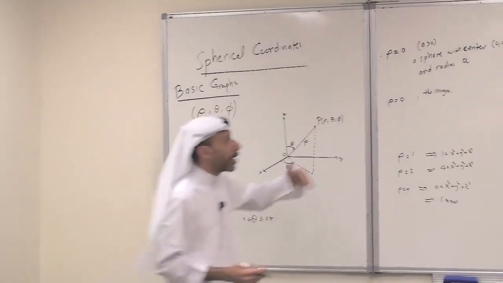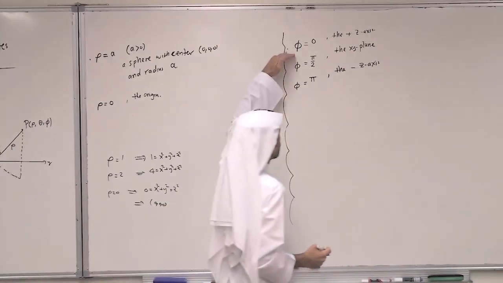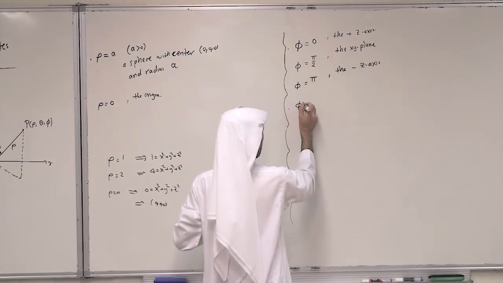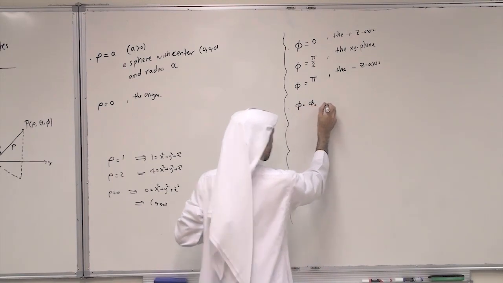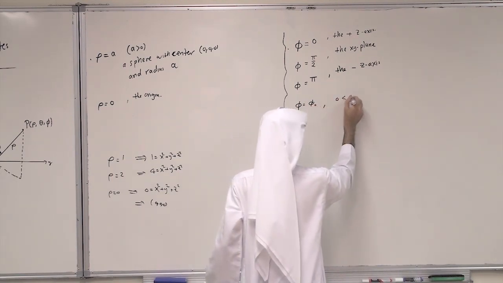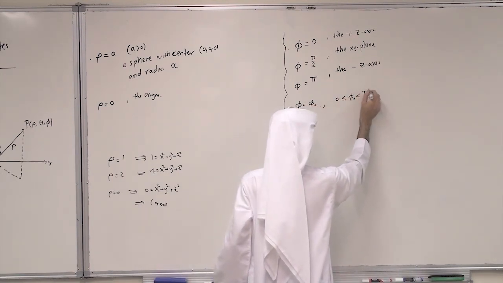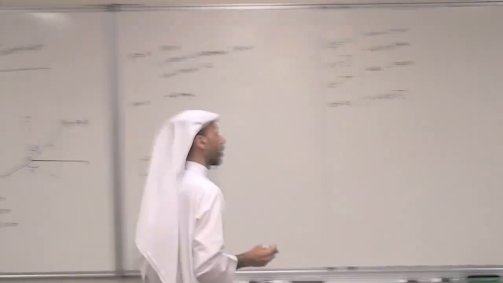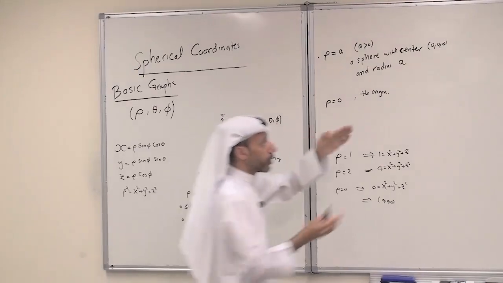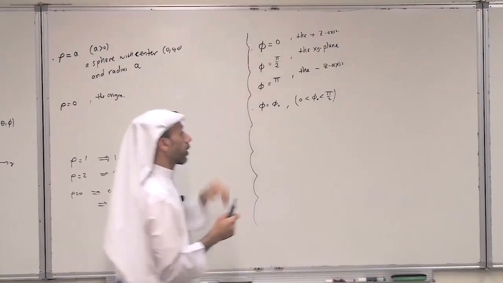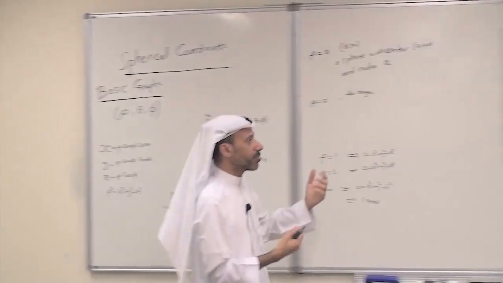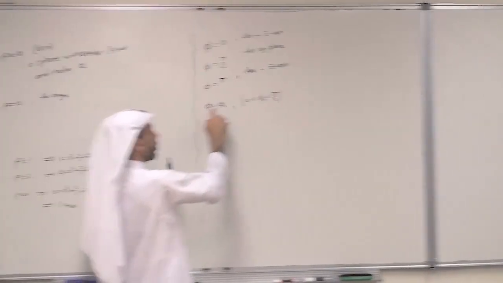Now take an angle phi 0 between 0 and pi over 2. What are the points whose angle will be phi 0?